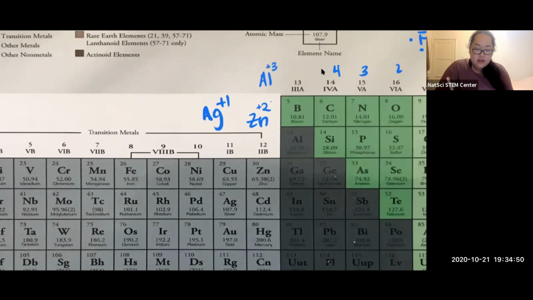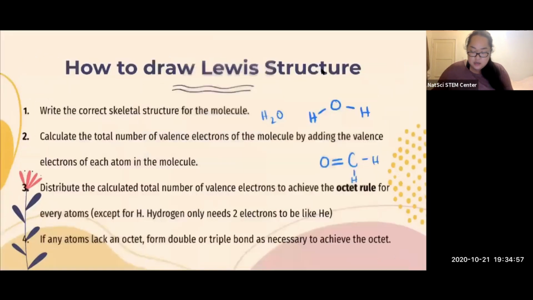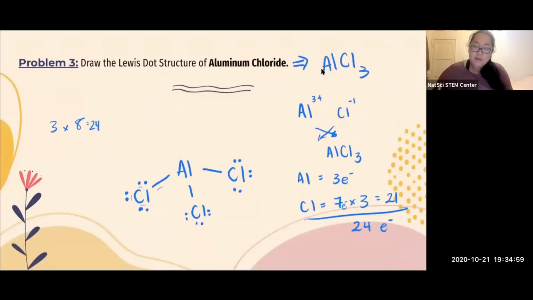What that means is that it can form 3 bonds. That's why when we were balancing it, aluminum only needs 3 chlorines to fulfill its valence shell. So it isn't necessary to put 2 more electrons here.